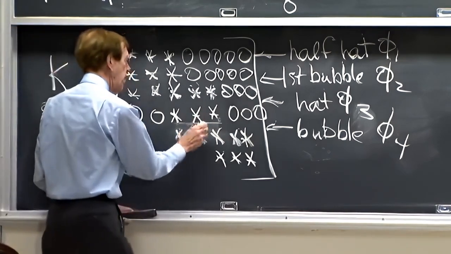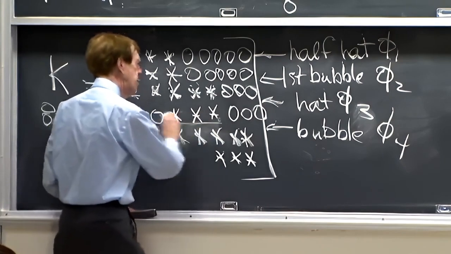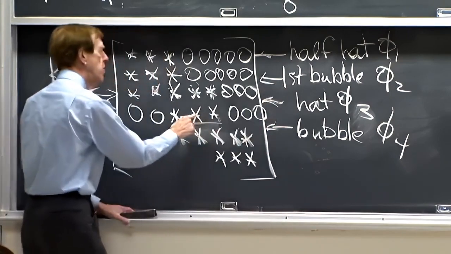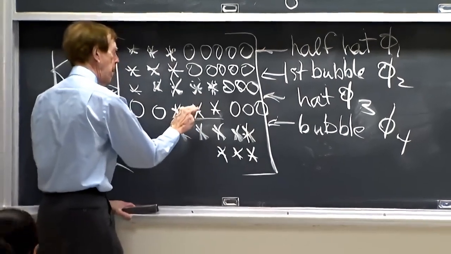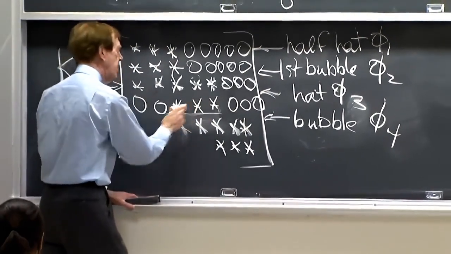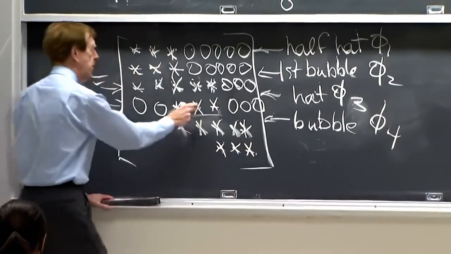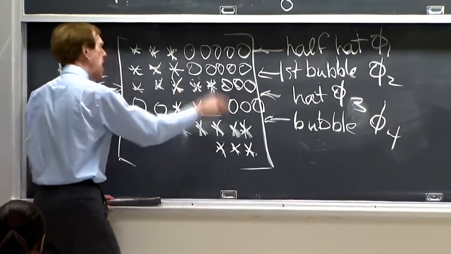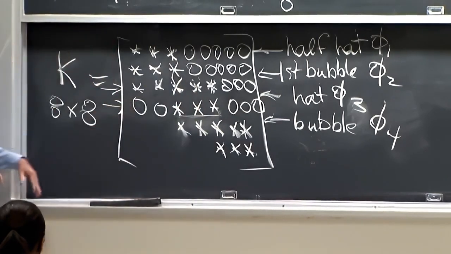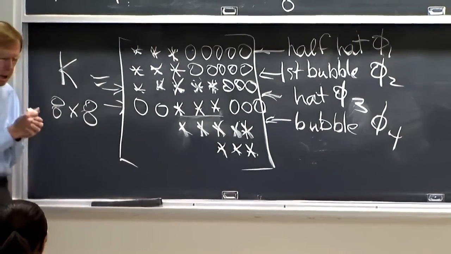I could use this equation to express the bubble coefficient in terms of its neighbors. I could use this one to express the bubble coefficient in terms of its neighbors, and plug back into the other equations. I could simplify this.